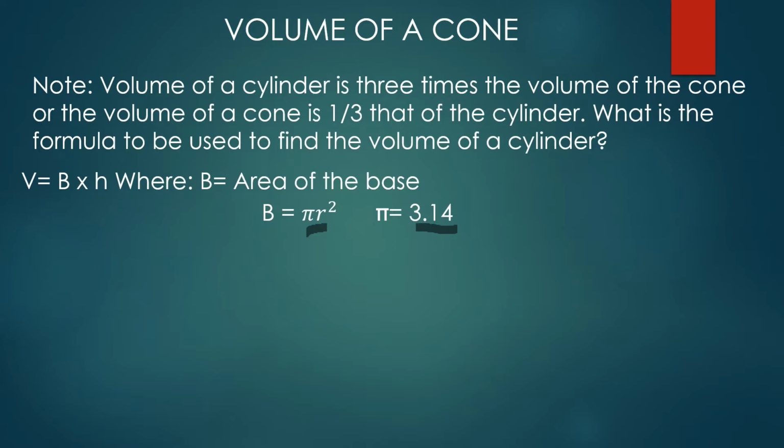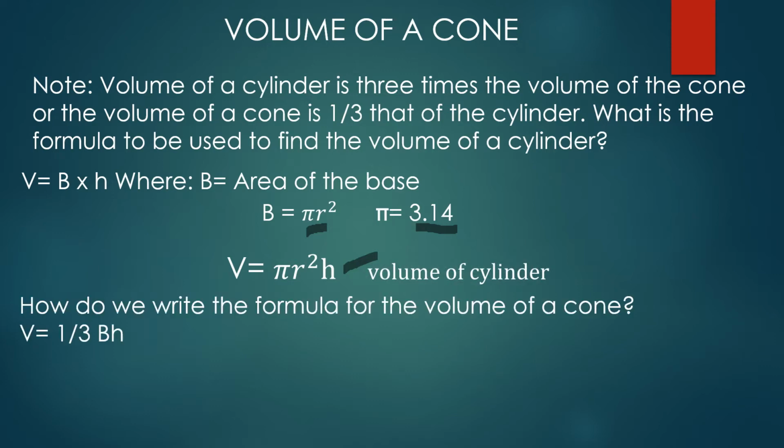So, yung base natin ay pi r square. So, ang cylinder ay may bilog sa ilalim at may taas. Kaya ang ating formula to find the volume of cylinder is pi r square times the height. May height siya, may taas. So this is the volume of the cylinder.